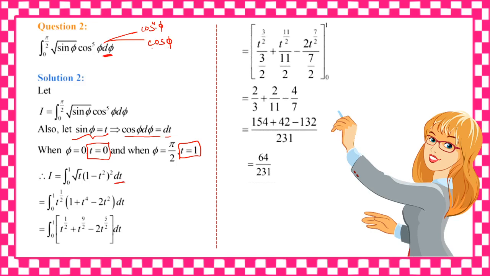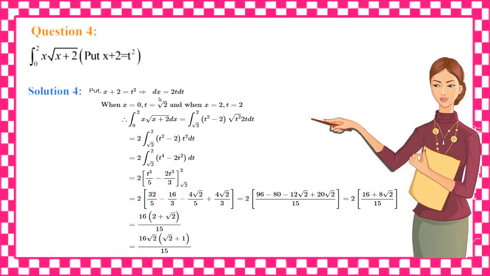And now this cos raised to the power 4 phi can be written as cos square phi whole square, and this can be written as 1 minus sine square phi whole square, that is, 1 minus t square whole square. That's what we have written here. Then apply the formula, open it, integrate, apply the limits, and this is normal algebra. After that you can do it and get the final answer.